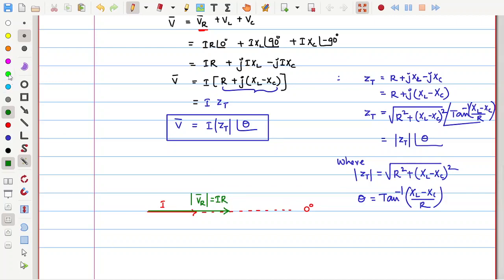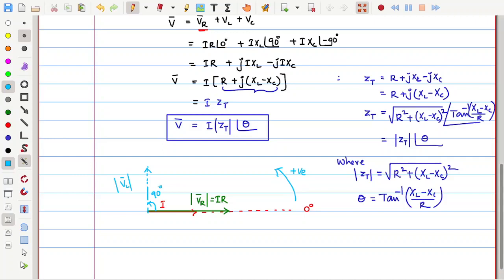Next is our inductor voltage. See, how much is the inductor voltage angle? Plus 90. Plus 90 is in the anti-clockwise direction, as angles in the anti-clockwise direction are referred to as positive angles. So here I will draw some VL magnitude whose angle is 90 degrees.